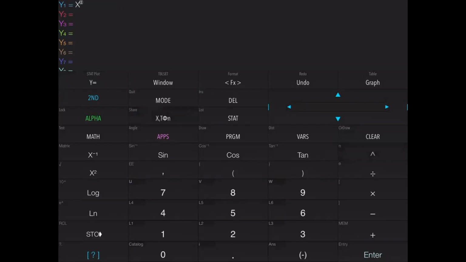So we have x cubed minus 6x squared minus 15x plus 30.